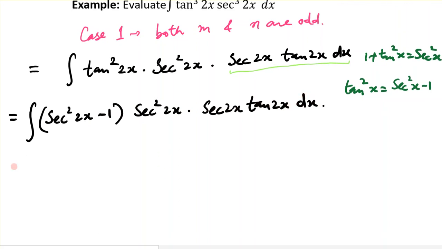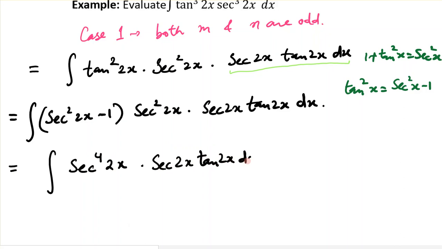Now we can split this as two integrals. In the first one we got secant raised to power 4 of 2x, multiplied by secant 2x tangent 2x dx, minus, we got secant square 2x, and then we have secant 2x tangent 2x dx.